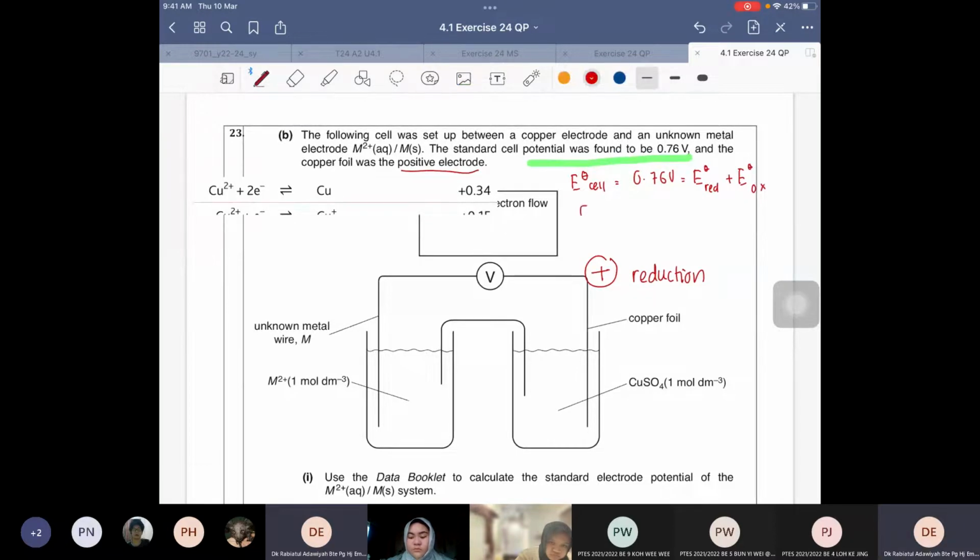That means 0.76 is equals to reduction 0.34 plus X, where X is my E note of oxidation. 0.76 minus 0.34 is equals to 0.42. Now remember, this is oxidation.